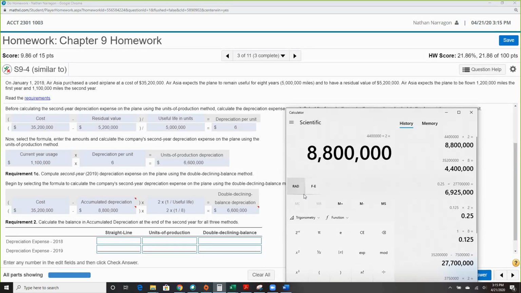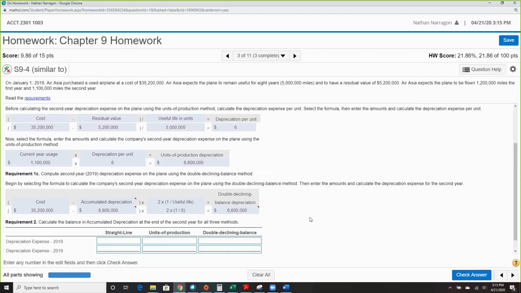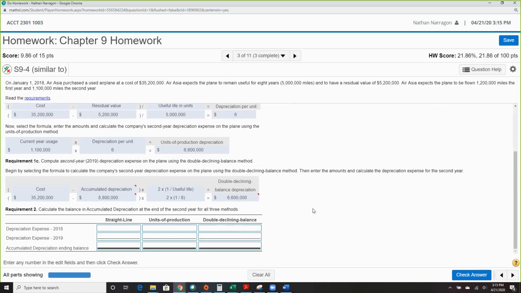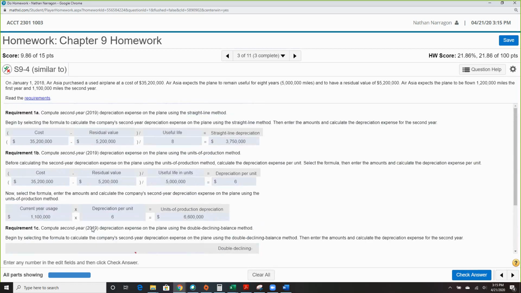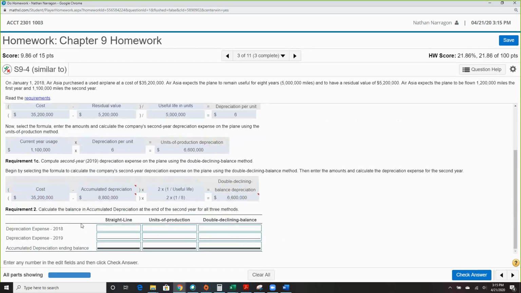But with this, we'll have the accumulated depreciation. So really all you're going to do is calculate based on these. You're going to do year 1. So you have to figure out year 1 on all these. So you saw I already did it for this one.